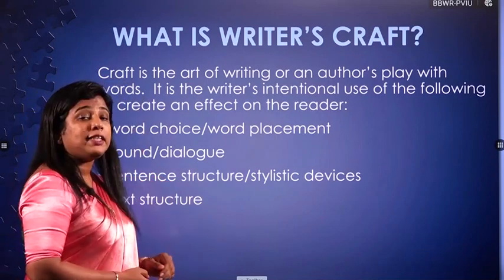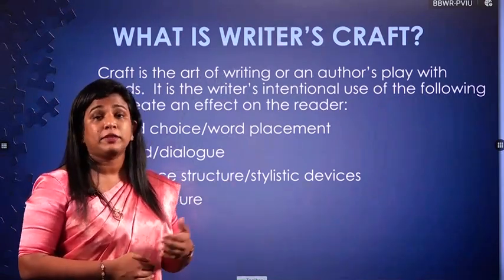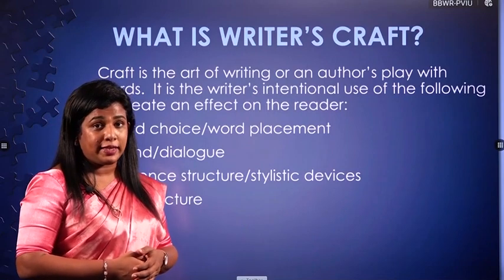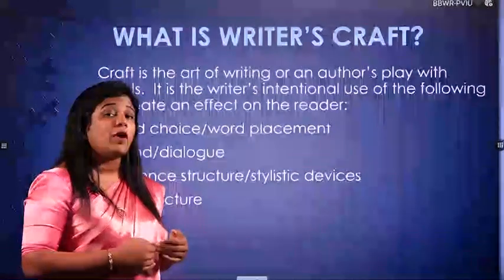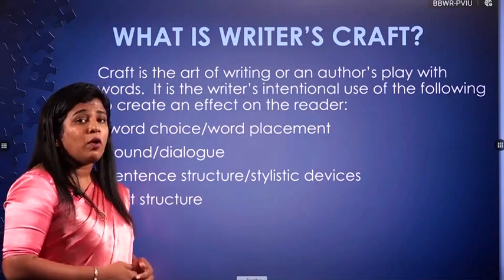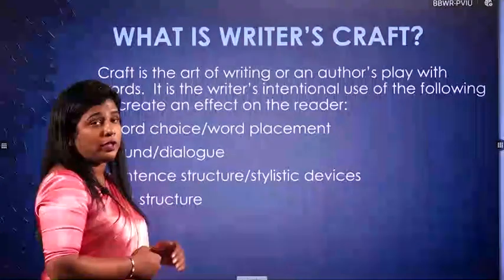A fourth is text structure. That is how we use our headings, subheadings, paragraphs, again to keep our readers entertained and engrossed in what we want to say. Out of all of these, what we are going to look at closely is word choice.